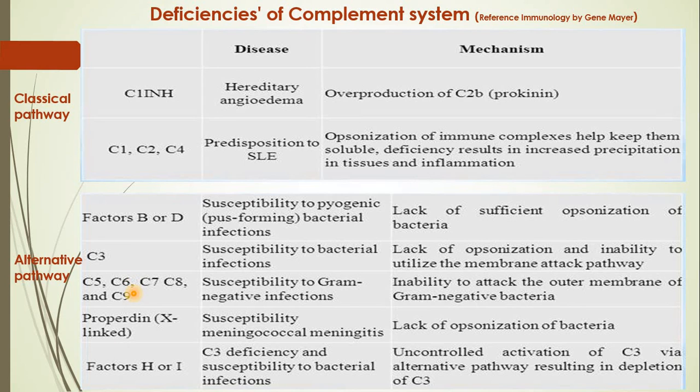The disorders related to C5, C6, C7, 8 and 9 lead to inability to attack the outer membrane of gram-negative bacteria. Further, properdin or X-linked disorder is seen which leads to lack of opsonization in bacteria, and deficiency in factor H or I causes uncontrolled activation of C3 via alternate pathway, resulting into depletion of C3.